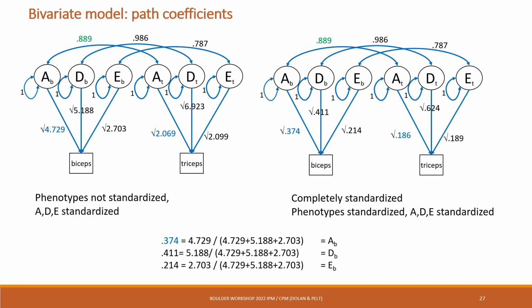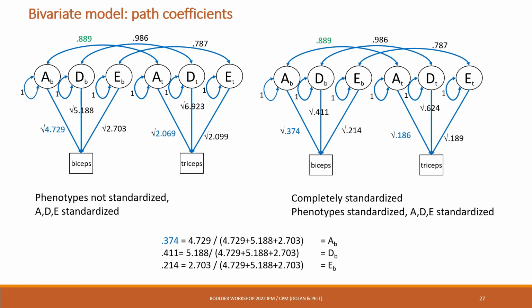They're easier to interpret. So what is the difference? Biceps and triceps are not standardized on the left. A, D, and E on the left are standardized. In the figure on the right, A, D, and E are standardized and the phenotypes, biceps and triceps, are also standardized. That makes it easier to interpret.